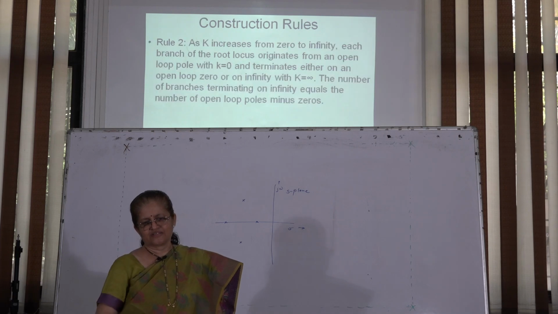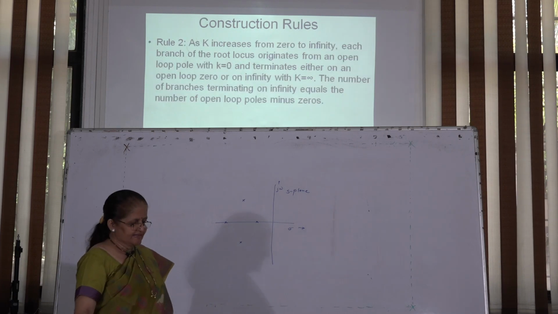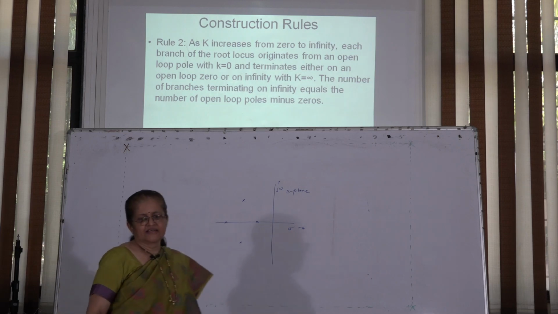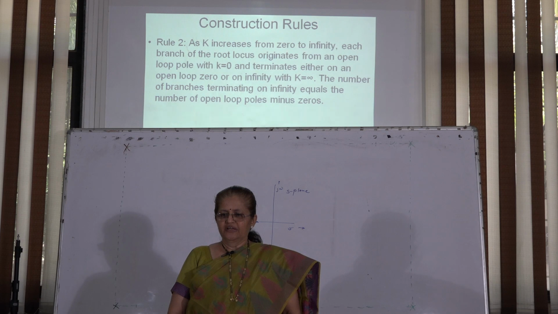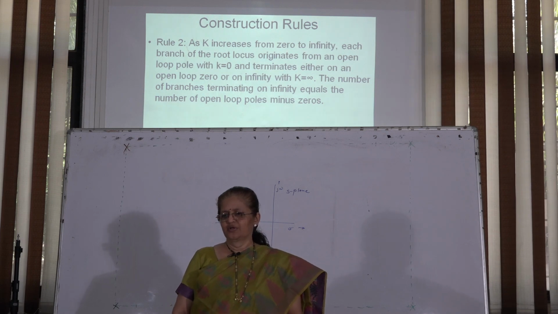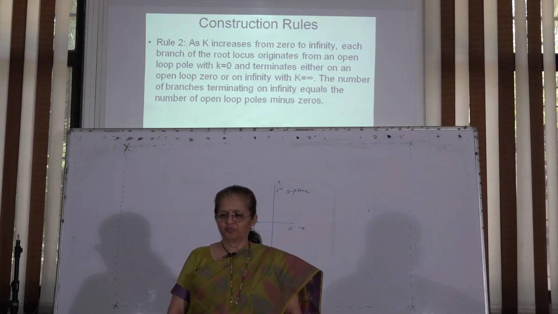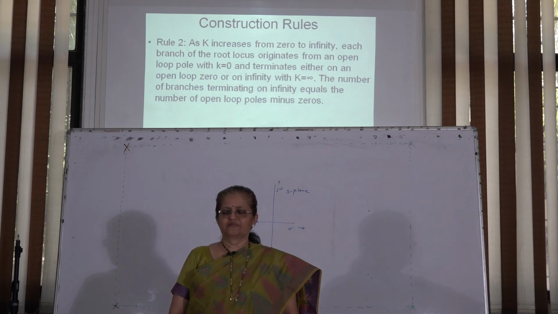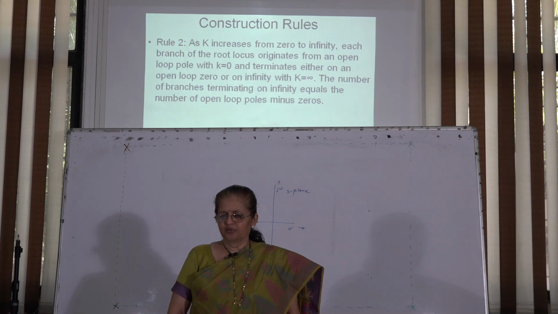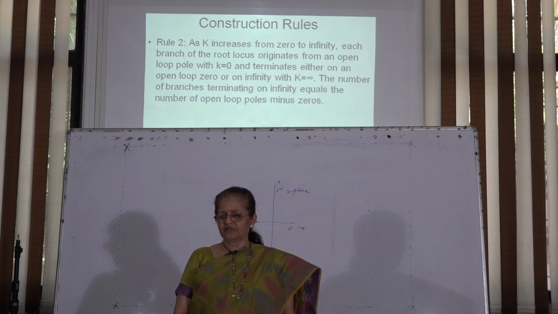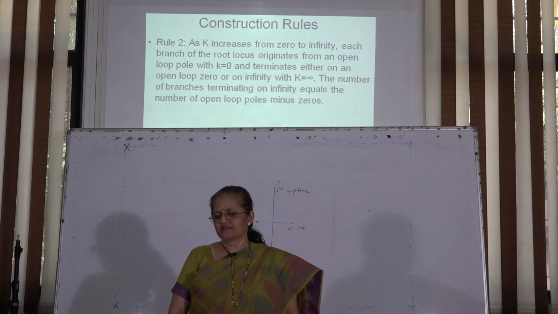The second rule: as k increases from 0 to infinity, each branch of the root locus originates from an open loop pole with k equal to 0 and terminates either on an open loop zero or on infinity with k equal to infinity.